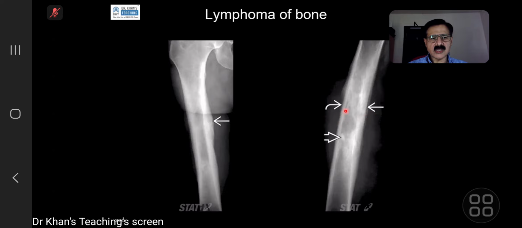And this is on the other side. If you look very carefully, develop your eyes on this thing, where I am pointing out you will see endosteal scalloping, subtle endosteal scalloping. What does it tell you? Look at this cortex versus this cortex, and you will agree that there is endosteal scalloping.